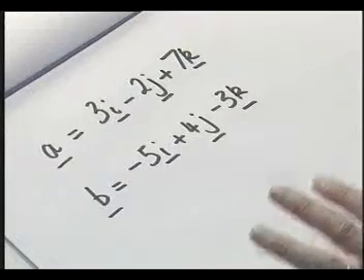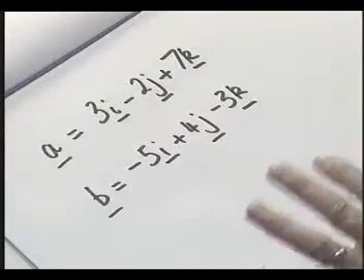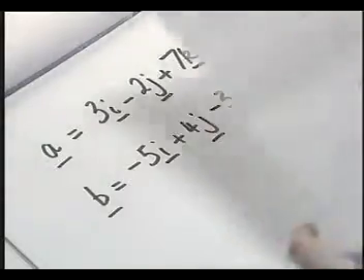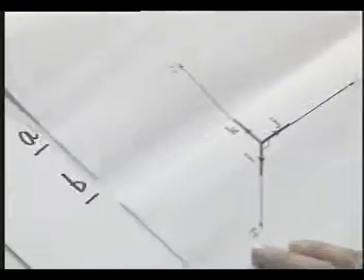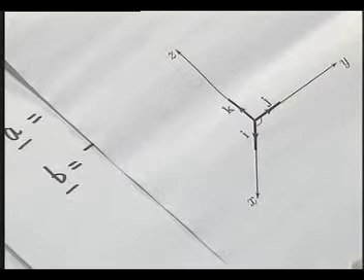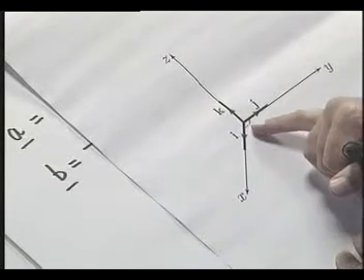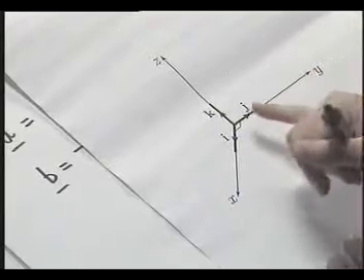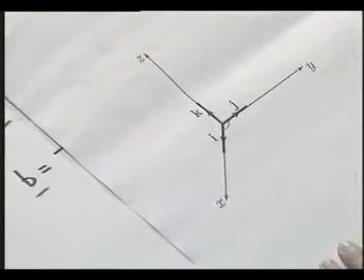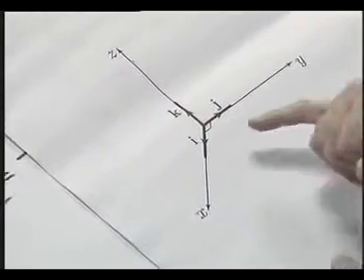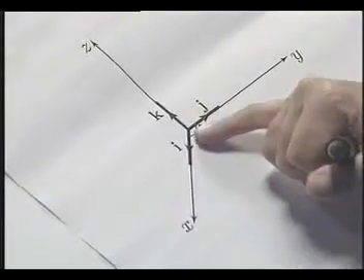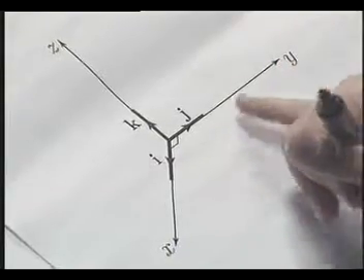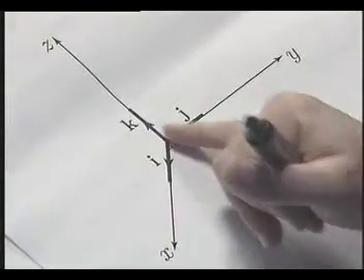Before we do that, I'd like to introduce some other important results. Let me remind you a little bit about i, j, and k. In 3 dimensions, where we have an x-axis, a y-axis, and a z-axis, we denote unit vectors along the x-axis by i, along the y-axis by j, and along the z-axis by k.